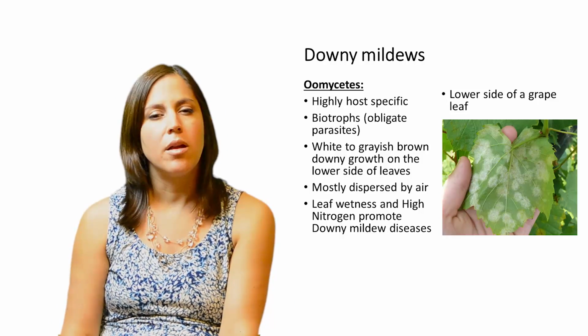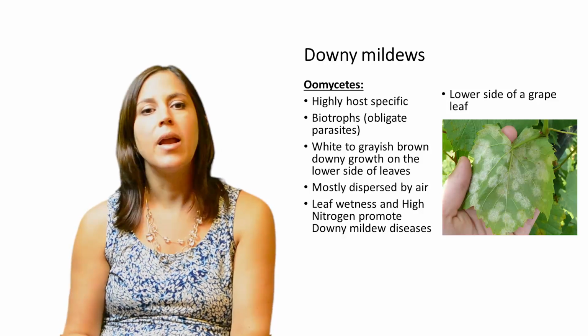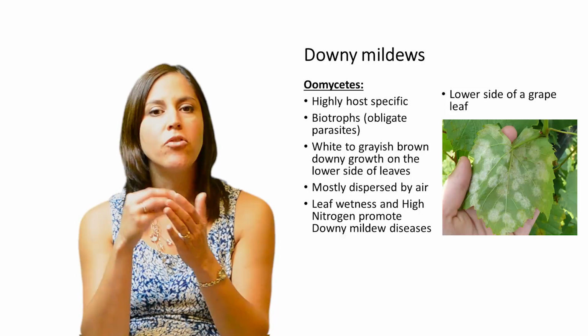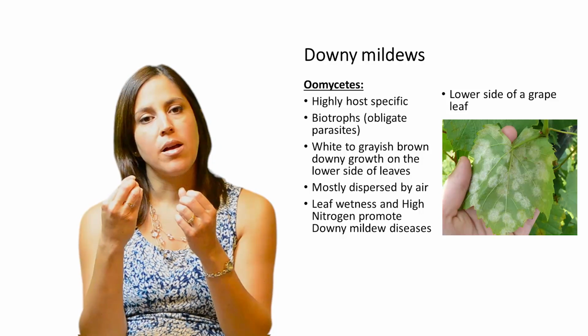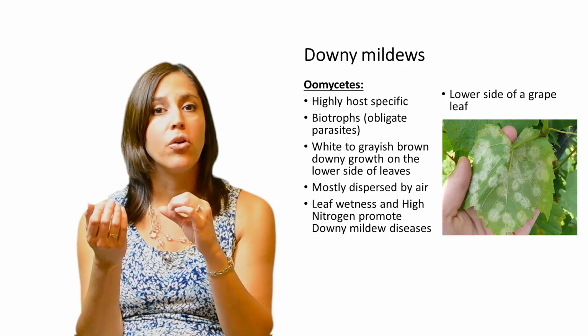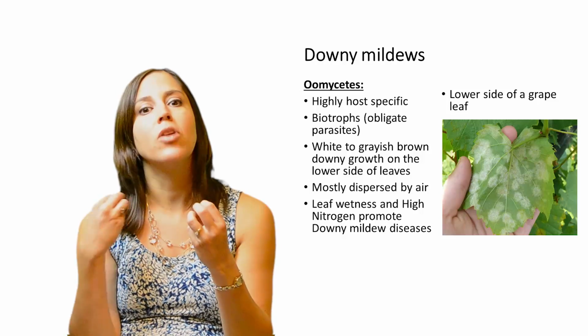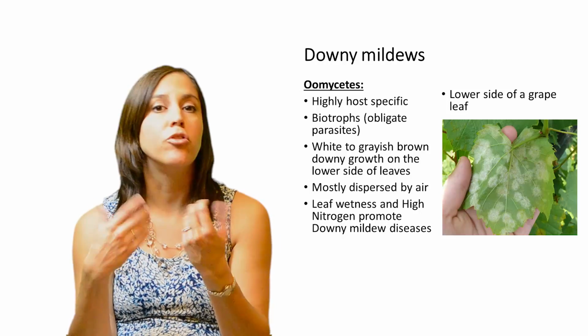Downy mildews are mostly dispersed by air, and again, if the leaf is wet, so if there's high moisture in the environment, and also the plants were fertilized with high nitrogen, then they're going to promote downy mildew diseases.